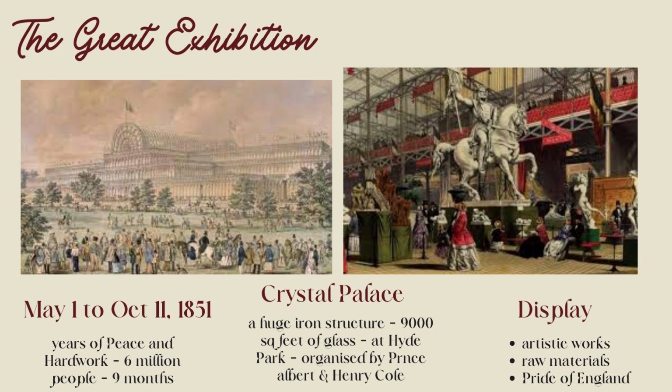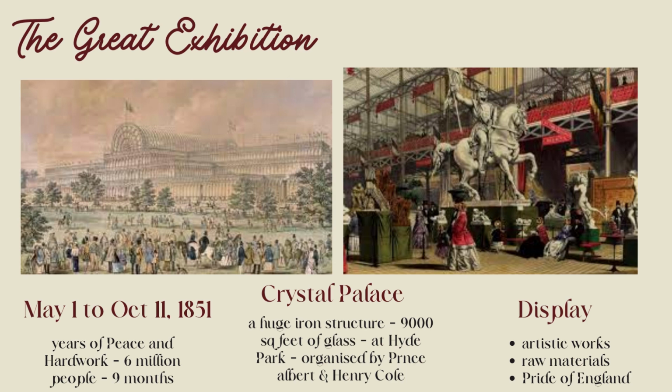The Great Exhibition was the first international exhibition that took place in Hyde Park in London from 1st May to 15th October 1851. This exhibition was to explore culture and industry, which had become more popular in the 19th century.